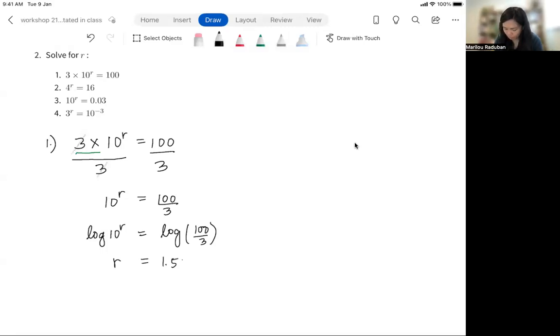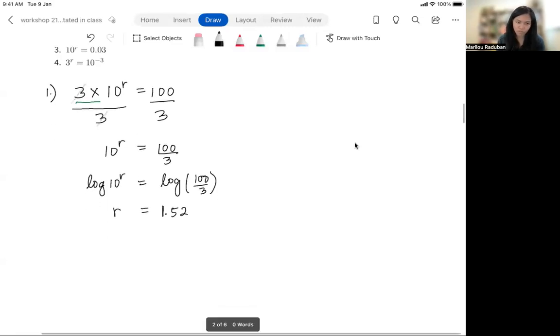Should be 1.52. If you get the log of 33.33, it doesn't matter, it will still give you 1.52.